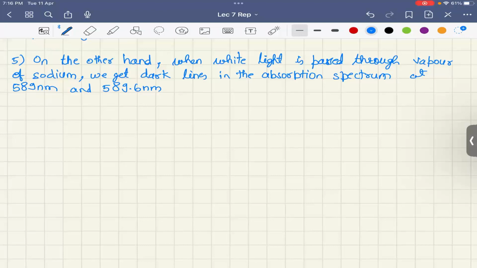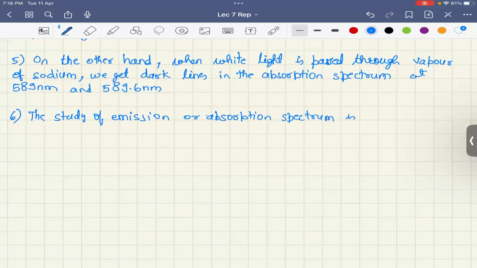and essential field for all chemists. It helps to study the electronic structure. These characteristic lines in atomic spectrum can also be used in chemical analysis to identify the elements. So the study of emission or absorption spectrum is called spectroscopy.